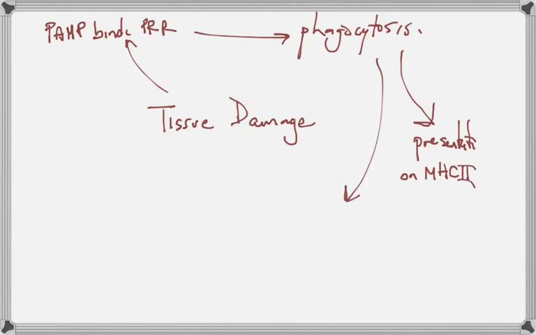What's the other thing that could happen? Or I should say, what also happens at the exact same time? What does this macrophage begin to secrete? Cytokines, and I'll put chemokines in parentheses, because chemokines are a specific type of cytokine.